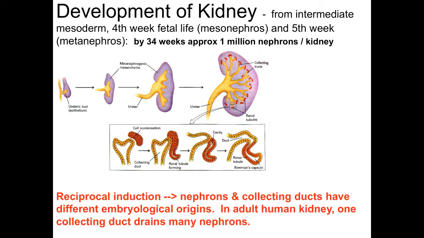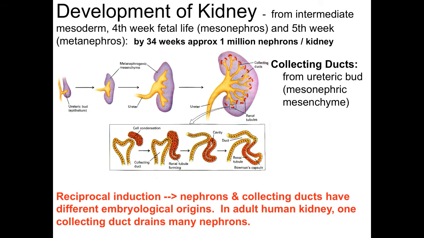And by 34 weeks there's approximately 1 million nephrons per kidney, and from the point of view of development, the kidney is a classical case of reciprocal induction, where nephrons and collecting ducts have different embryologic origins. In the adult kidney, one collecting duct will drain many nephrons.